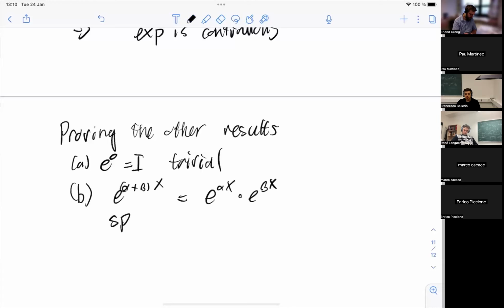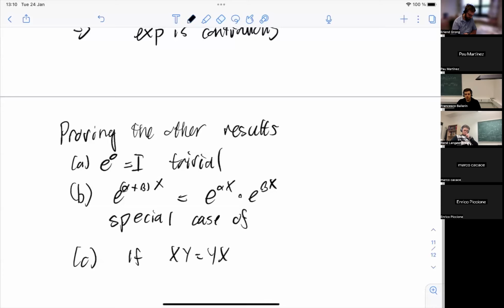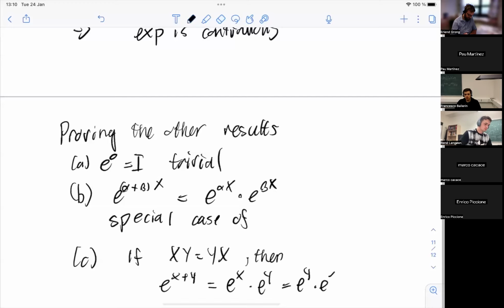That is a special case of C, which was that if xy was yx, then e^(x+y) is equal to e^x times e^y is equal to e^y times e^x.